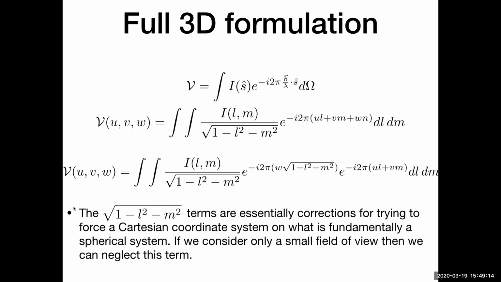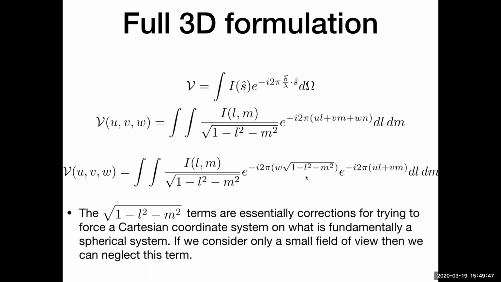As I said, this messy square root term is essentially corrections for trying to work in a Cartesian coordinate system when fundamentally we have a spherical system. As long as we consider directions close to the direction we're looking at, so L and M are small, then this term is usually small and this e to the w n term is usually small. And so basically we want to neglect them because they're really ugly terms.